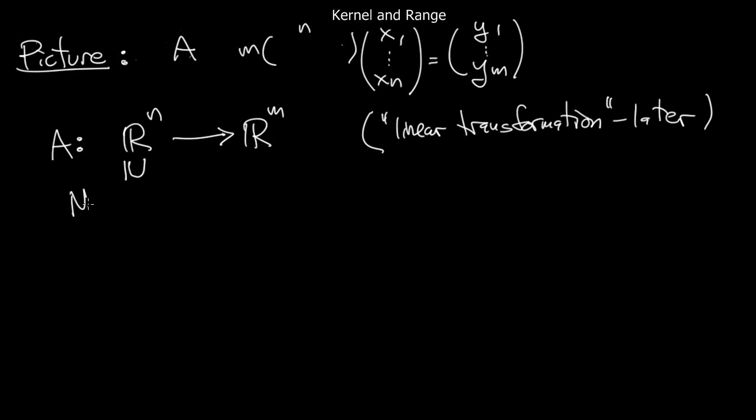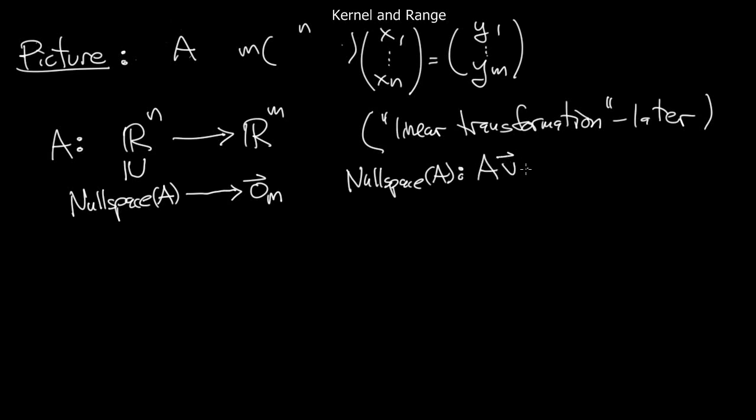In any event, if you have a map from Rn to Rm, you can take the null space of A as a natural thing. That is exactly the vectors in Rn which go to the 0 vector in Rm. That is to say, the null space of A is the vectors V such that AV is equal to 0.